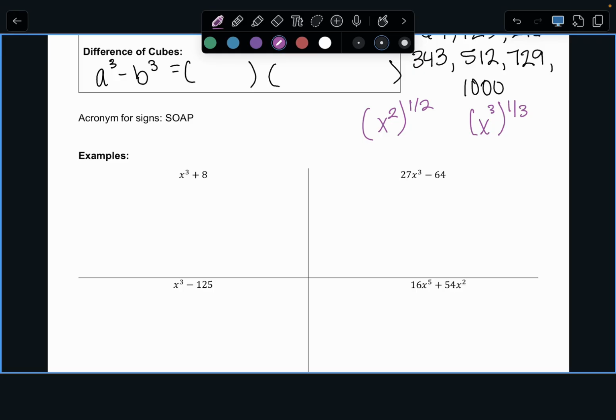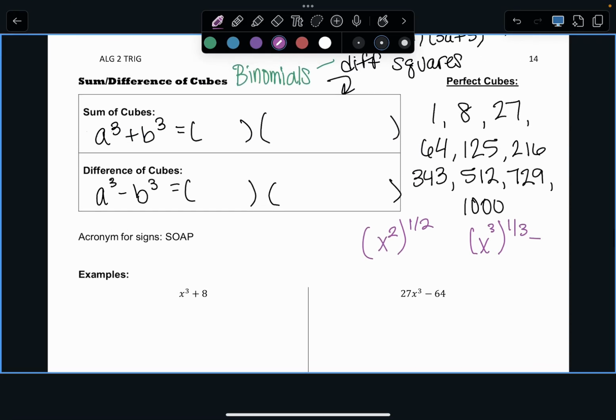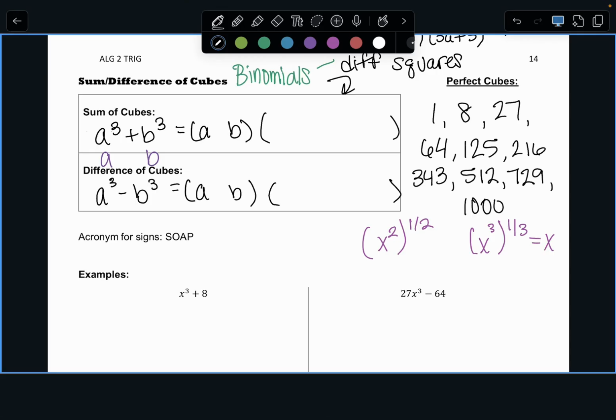So the cube root of A cubed is just A. So if I take the cube root of each of these terms, I just get A and B. So step 1, take the cube root, write it down. Step 2, those cube roots, and again, we'll handle the sign later, but the cube roots go together in the first set of parentheses, AB.